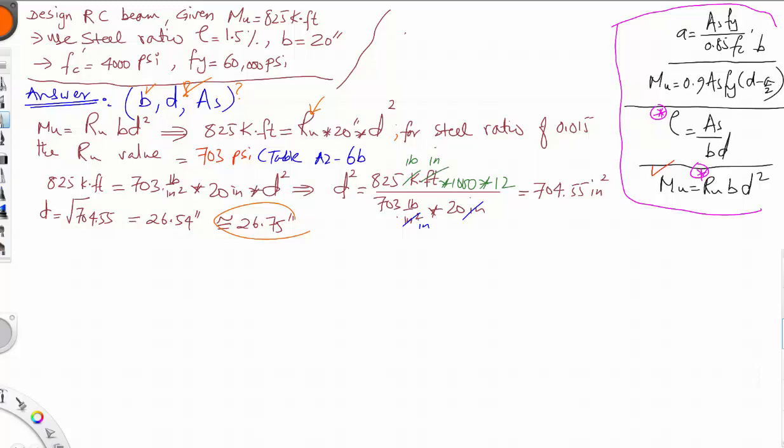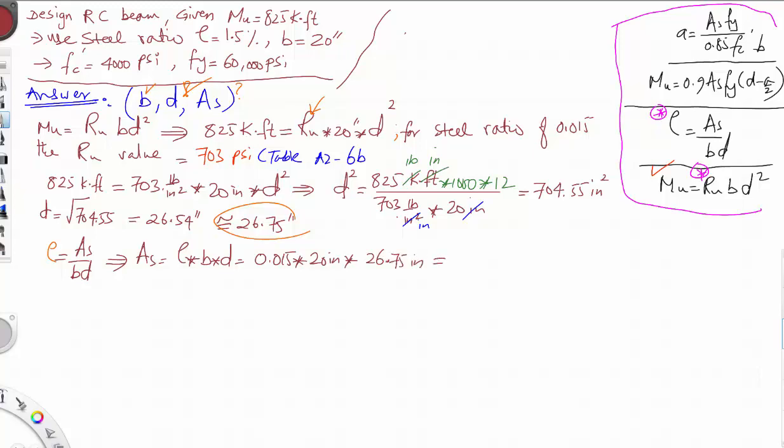So what's left for us is the steel area. For steel area, we'll use this equation. So steel ratio is equal to area of steel divided by B and D. That makes area of steel equal to steel ratio multiplied by B multiplied by D. Steel ratio is 0.015 and B is 20 inches and D is 26.75 inches.